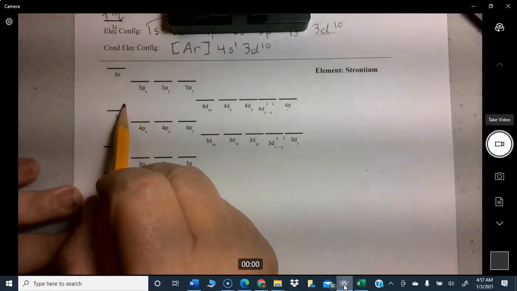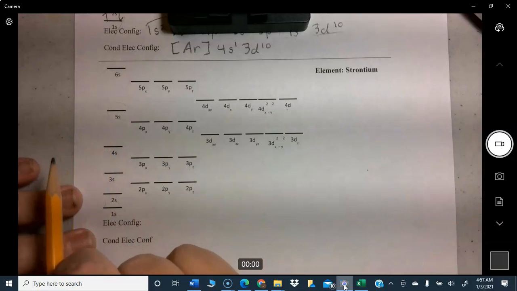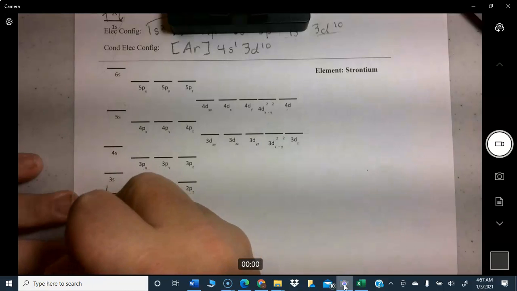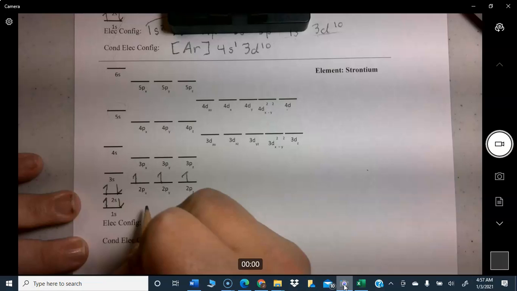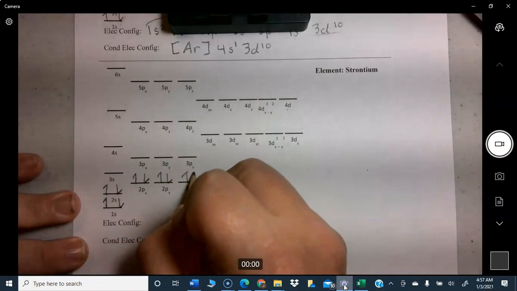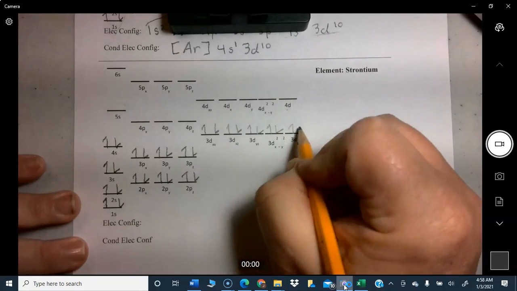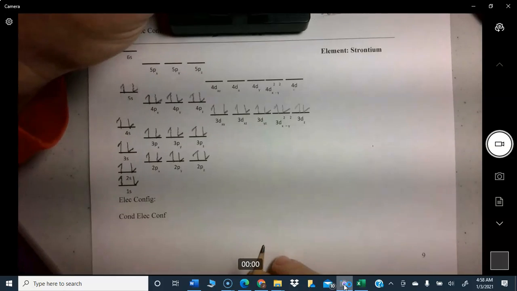It means everything up until here, including this, is going to be filled. But still practice doing it in order: up, down, up, down, up, up, up, down, down, down. No tricks here. That's just the way it looks.